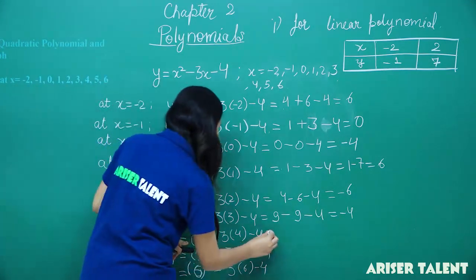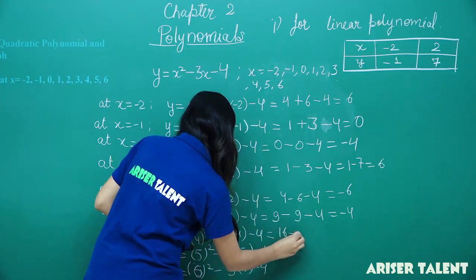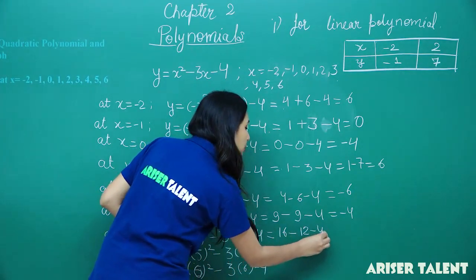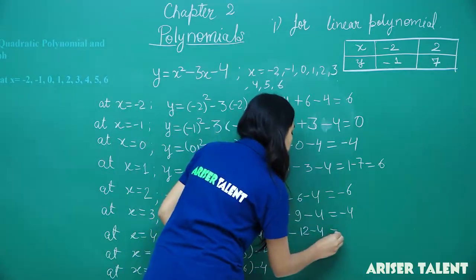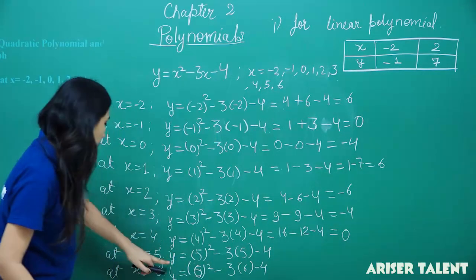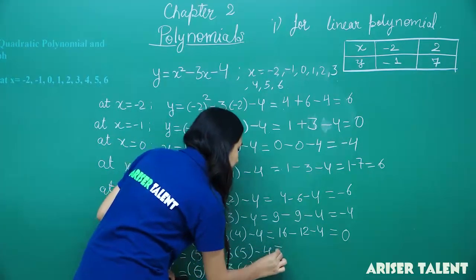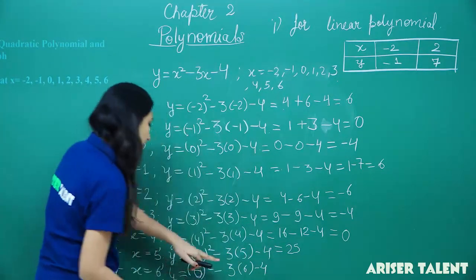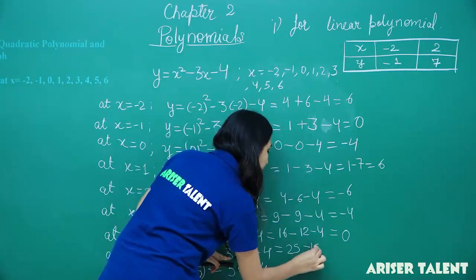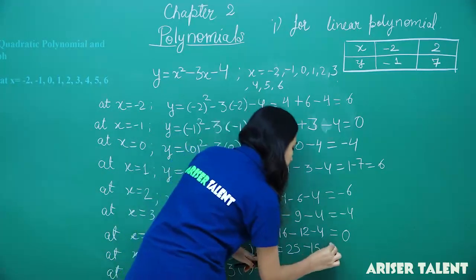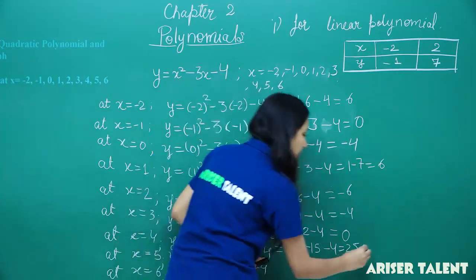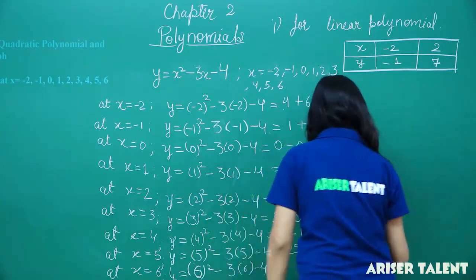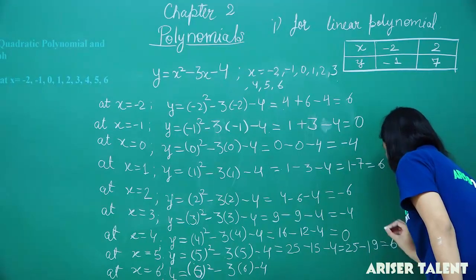Then to this one, 16 minus 12 minus 4, 16 minus 16 is 0. Then for this it will become 25 minus 15 minus 4, that will become 6.